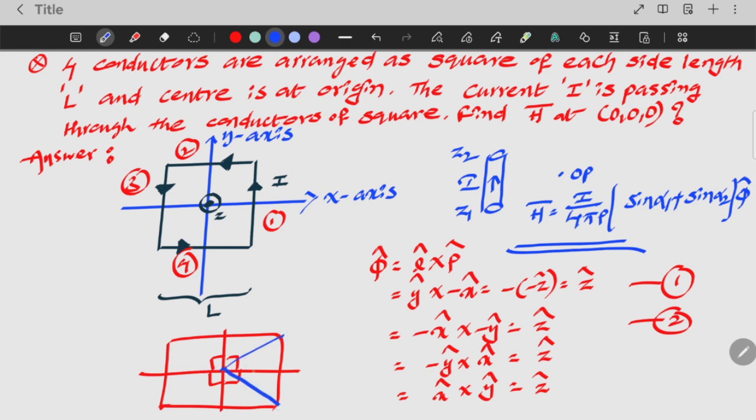The angle made by this perpendicular with the lines joining the observation point with the lower end and upper end, this is alpha 1, this is alpha 2. Because it is 90, in all the cases alpha 1 and alpha 2 are 45 degrees only. So this is 45, this is 45, this is 45, this is also 45. So like this we'll get.